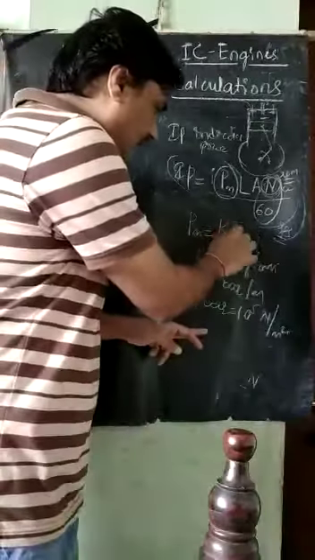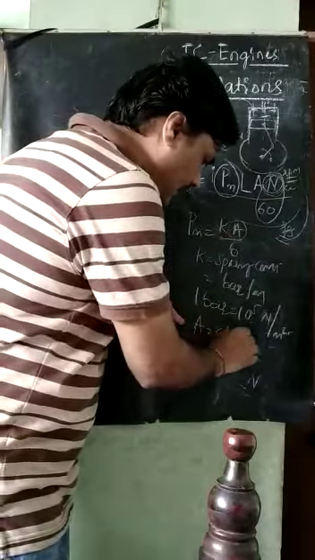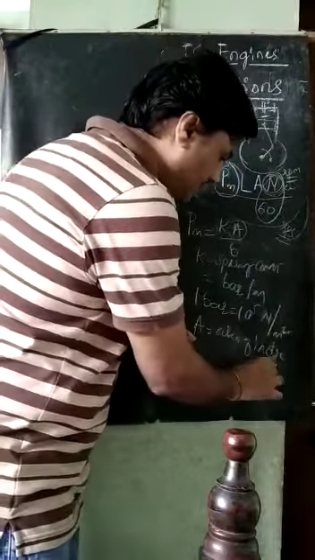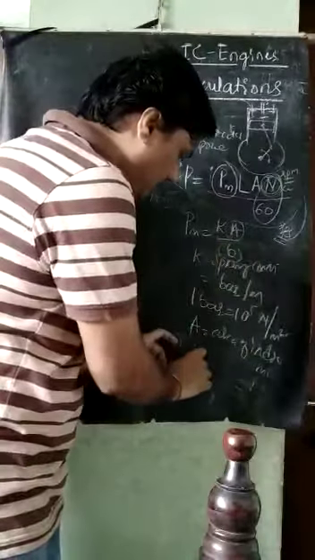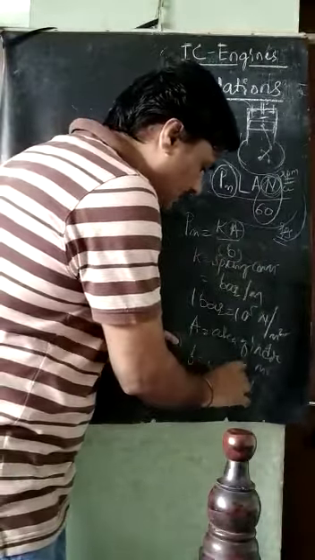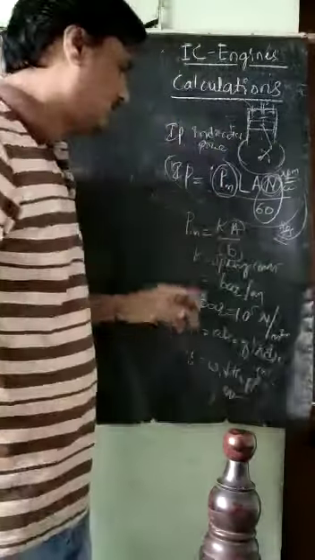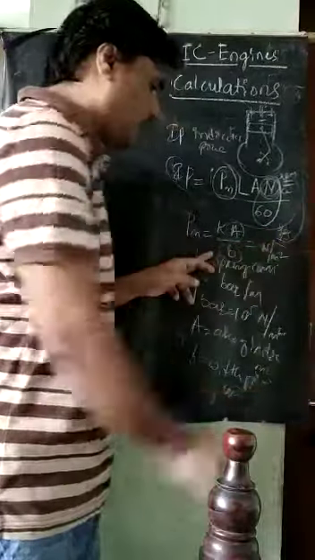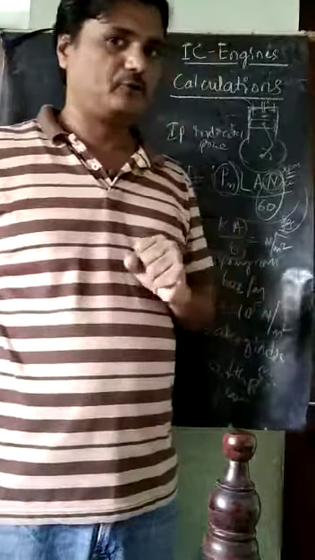A is the area of the indicated diagram, usually in meter square. B is the width of the indicated diagram, also in meter. So at the end we get the unit Newton per meter square if we convert bar into Newton per meter square.